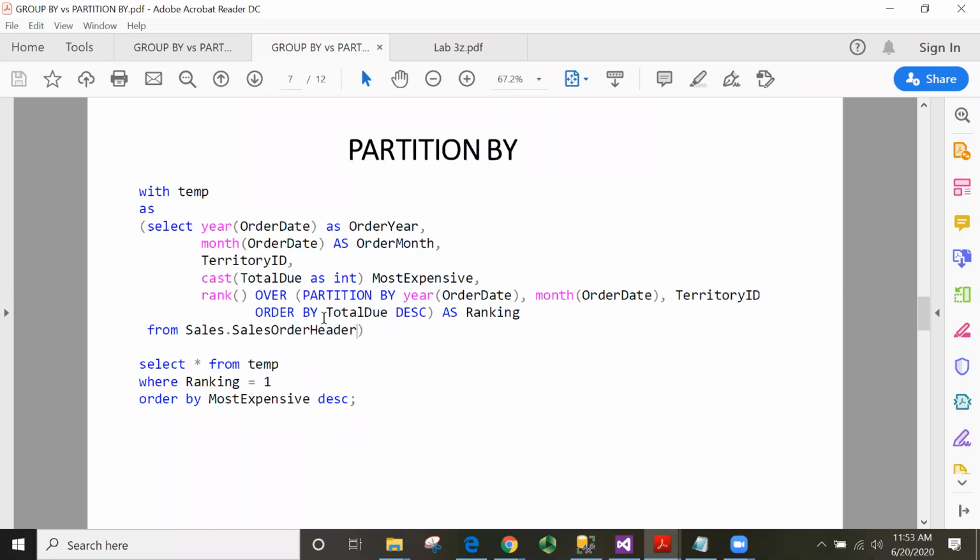So we will rank the orders by total due. Total due, that's the order value, in descending order. But we want to partition by, or organize our data into groups using, 3 columns: month, year, and the territory.